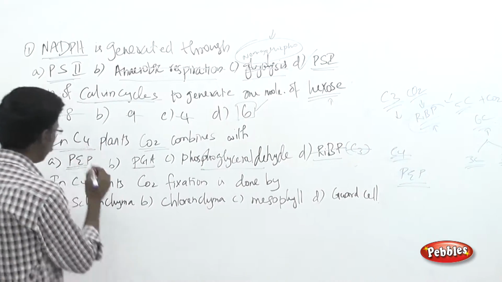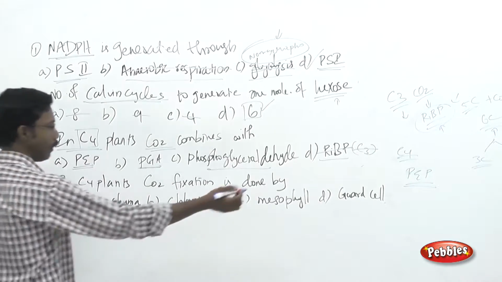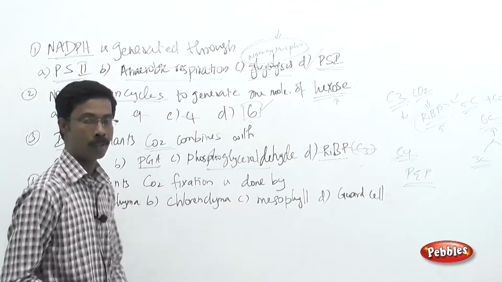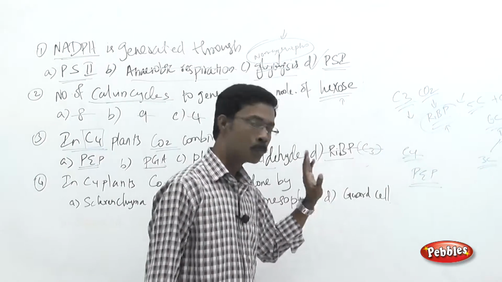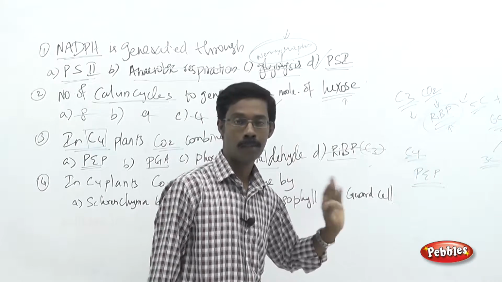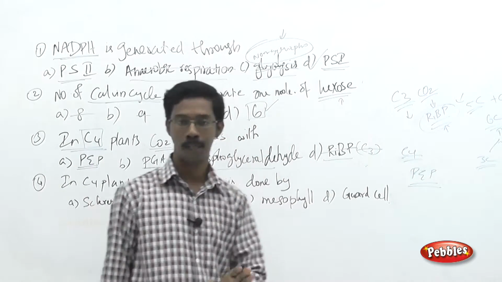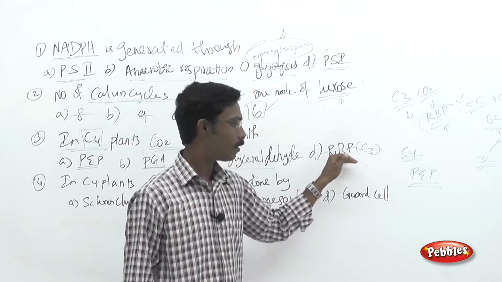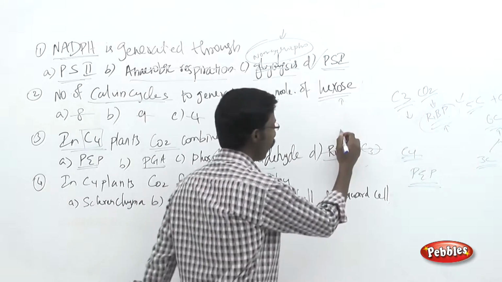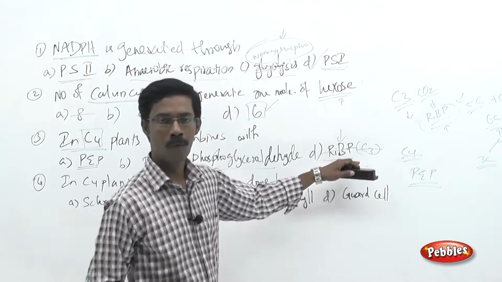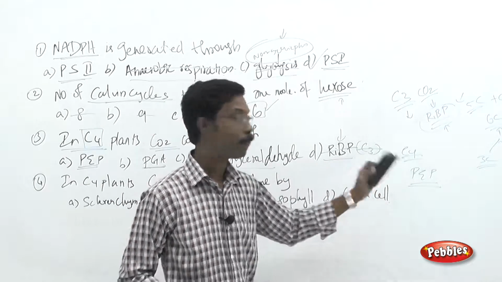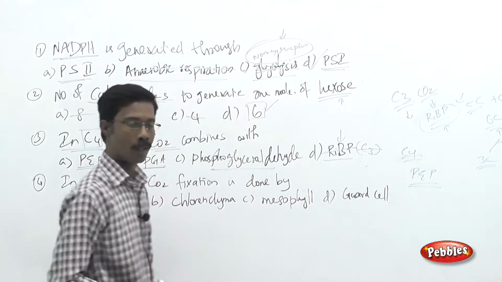Your question is about C4 plants, so you can easily eliminate it. Just remember one point: ribulose bisphosphate is also one of the major enzymes involved in C4 plants, but it is not the primary acceptor. It is involved in C4 plants, but in the second phase of the cycle.